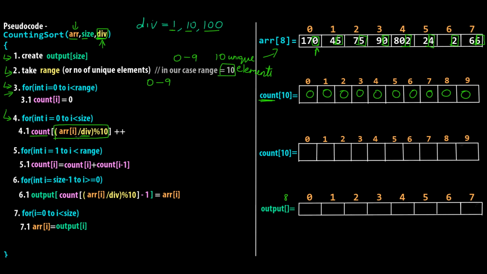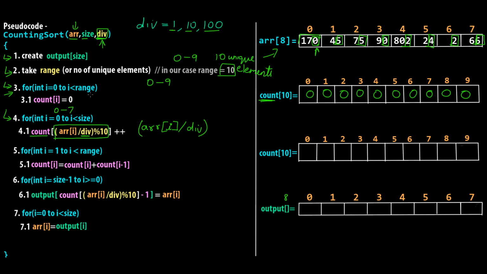We are saying ARR of i divided by div. So first we have to calculate ARR of i. Of course we are starting from 0 to the size. What is the size of the array? 8. So we are going to go from 0 to 7 because it is i less than size. So initially ARR of 0 is going to be 170, right? So let's calculate ARR of i divided by div first, right?